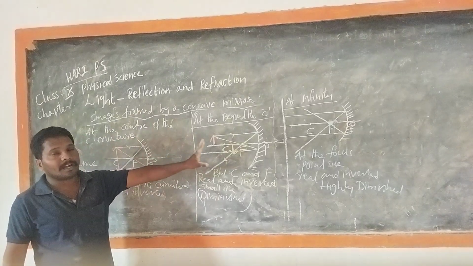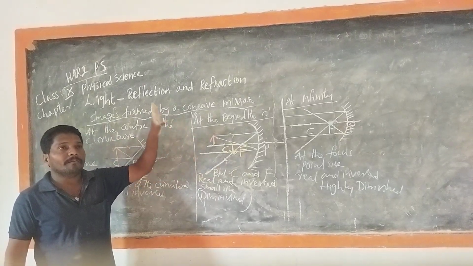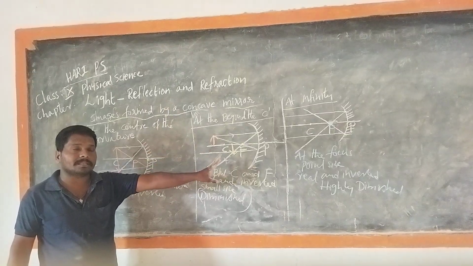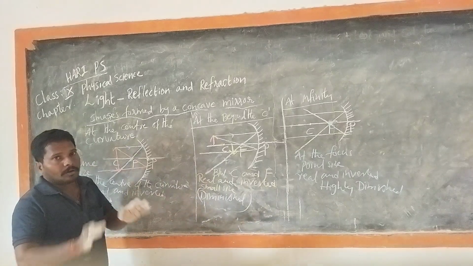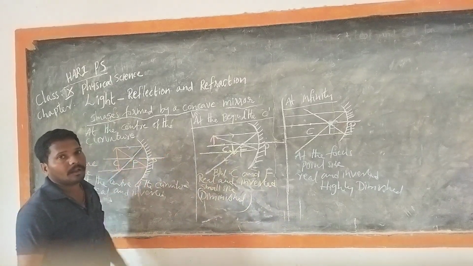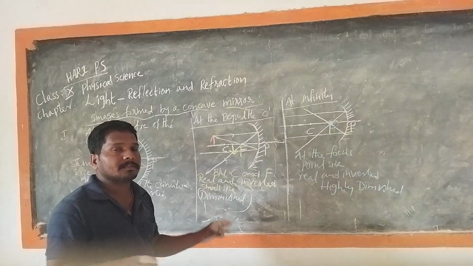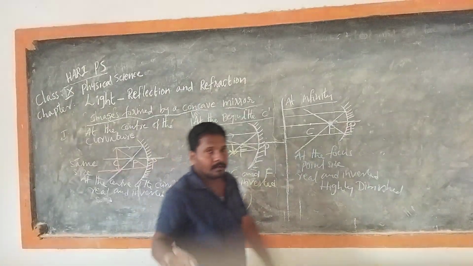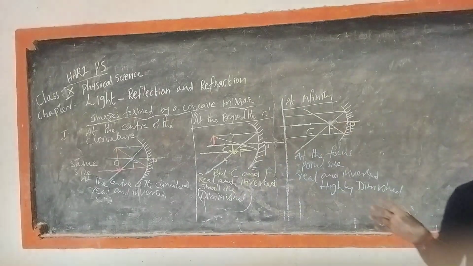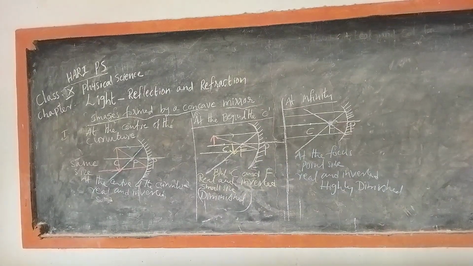The position of the object is important. When we know the position of the object, then we know the position of the image also. I hope you all understood. Then all this is given in a tabular form. So we will write it in a tabular form. Let us see.